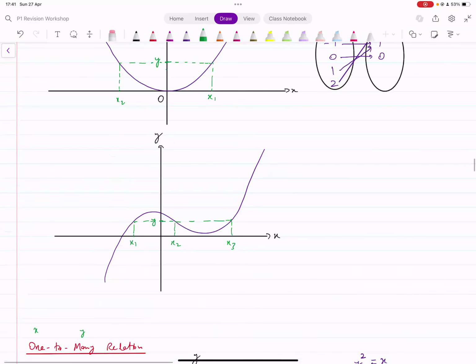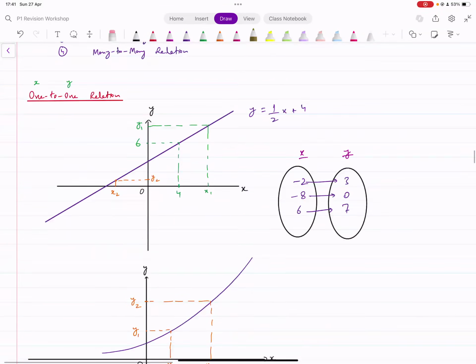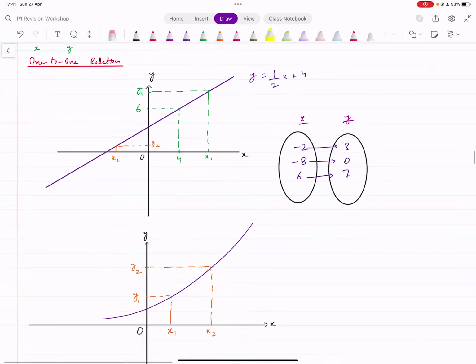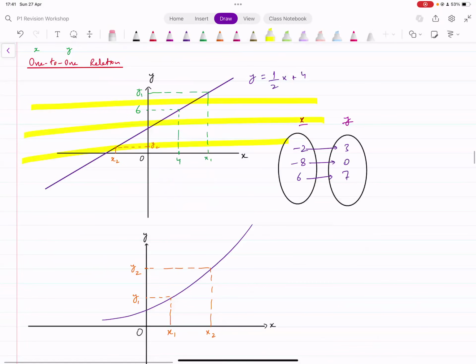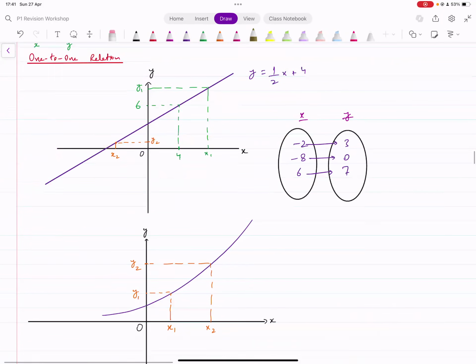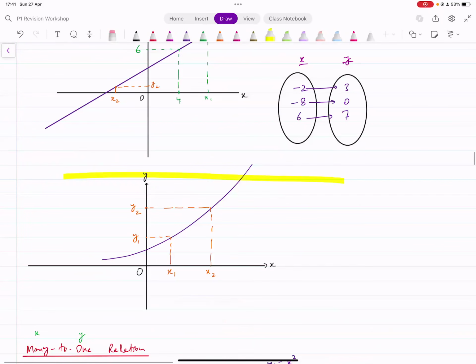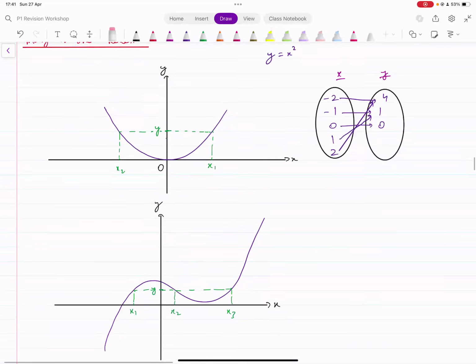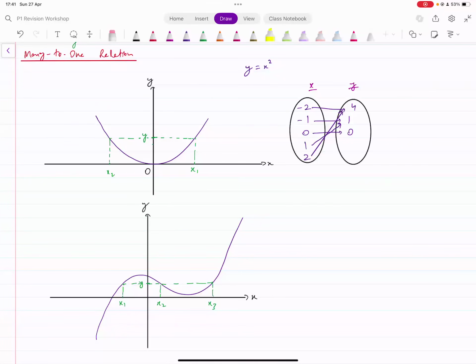For instance, let's try that here. On the straight line graph, if I draw any horizontal line, it can only cut the graph at one point. So this is one-to-one. On this graph as well, any horizontal line can only cut the graph at one point, so this is a one-to-one function. But in these examples, if I draw a horizontal line here, it's cutting the graph at more than one point.